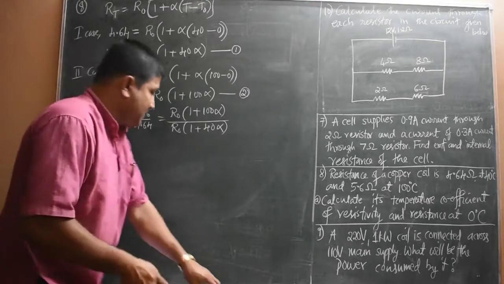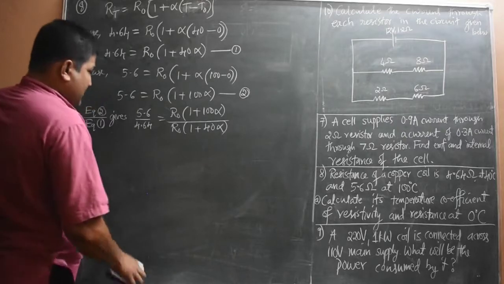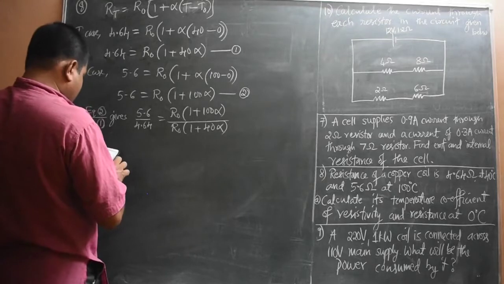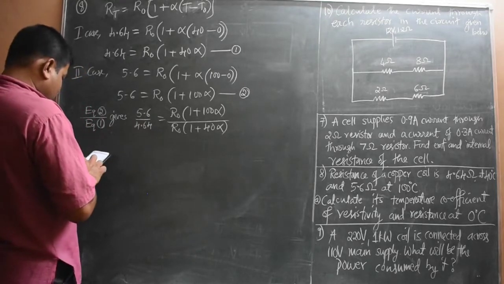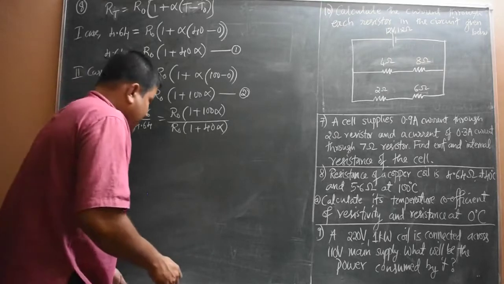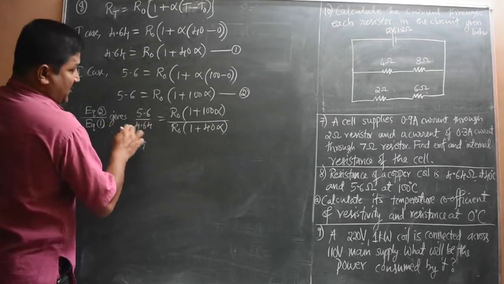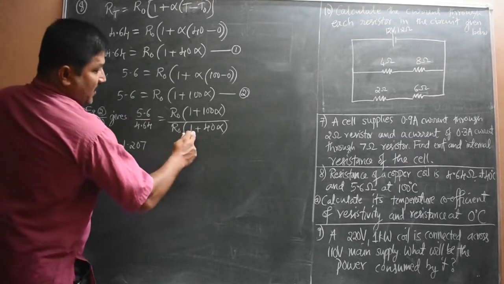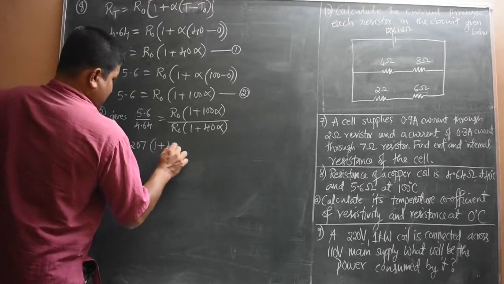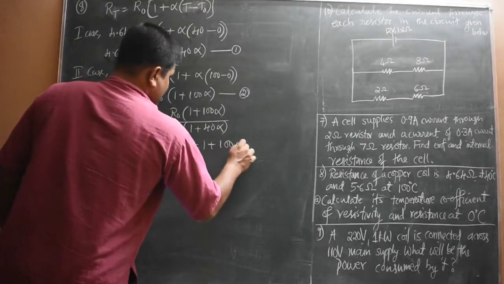Cross multiplication or taking the ratio, that's also okay. So 5.6 divided by 4.64 is 1.207. This is the ratio on the LHS. Then 1 plus 40 alpha is there in the RHS; I bring it to the LHS: 1.207 times 1 plus 40 alpha equal to 1 plus 100 alpha.